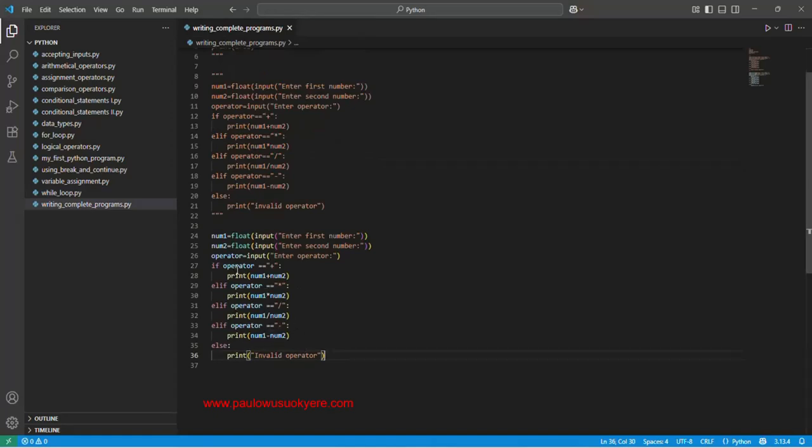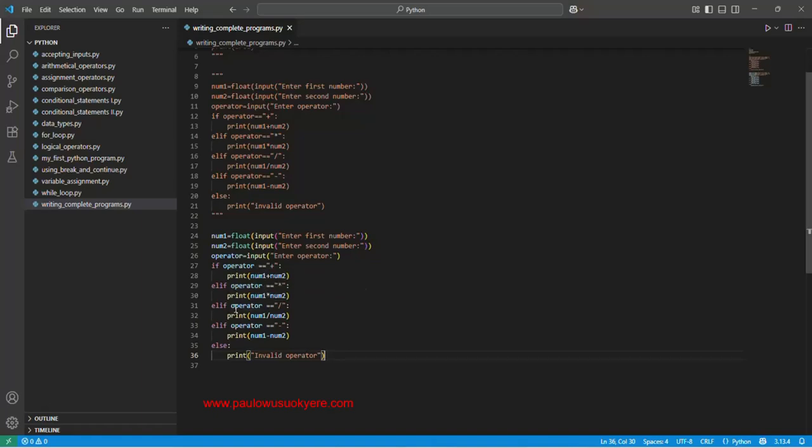So it will ask us num1 float input, enter first number. It will ask us for the first number, and then num2 float input, enter second number, and then operator input, enter operator. If the operator is addition or plus, then print num1 plus num2. Elif operator is multiplication, it will multiply num1 by num2.